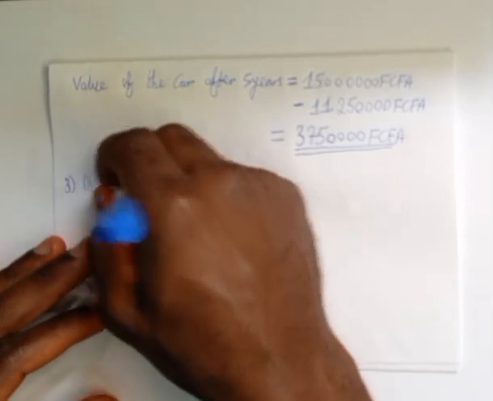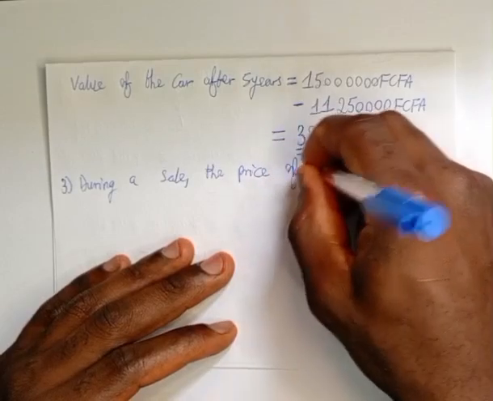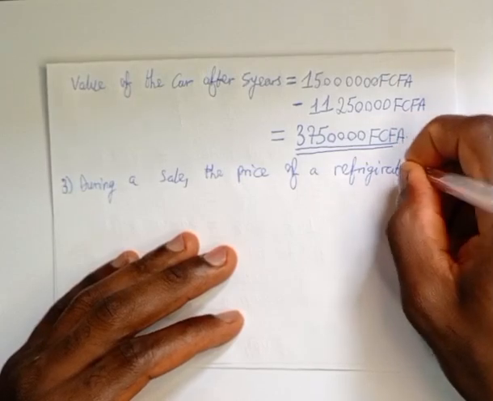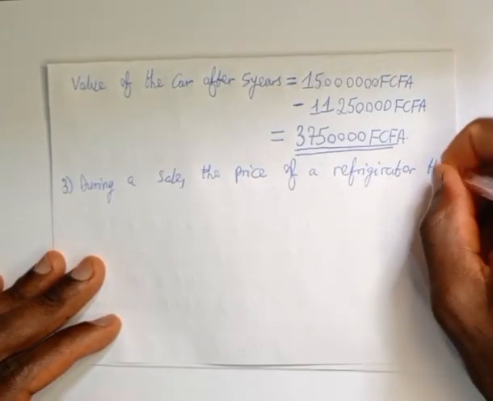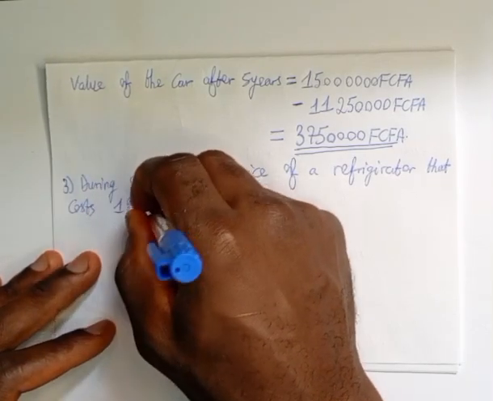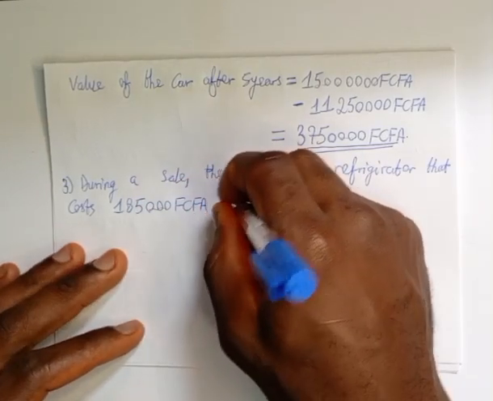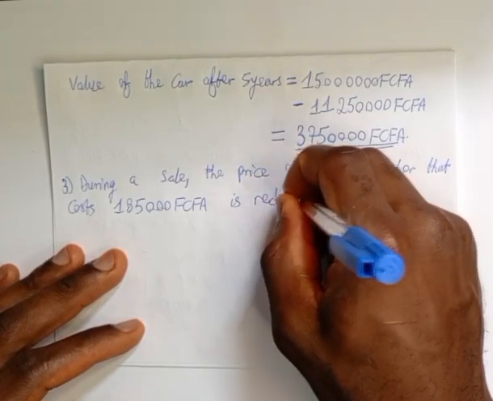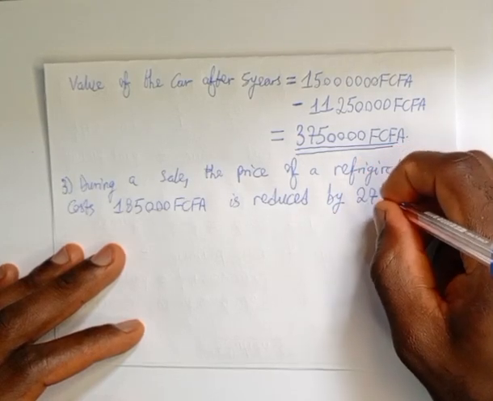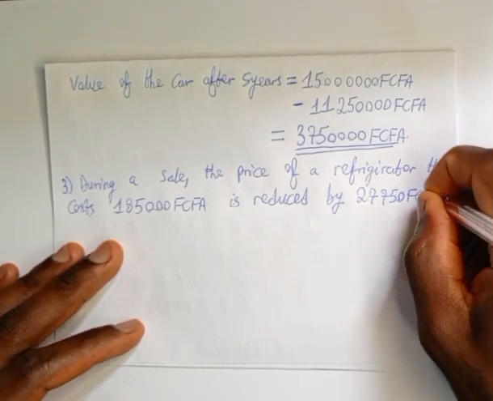During a sale, the price of a refrigerator that costs 185,000 francs CFA is reduced by 27,750 francs CFA.